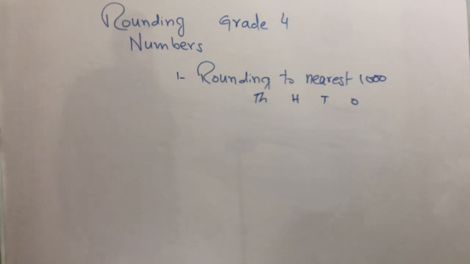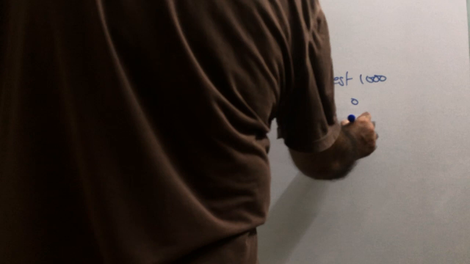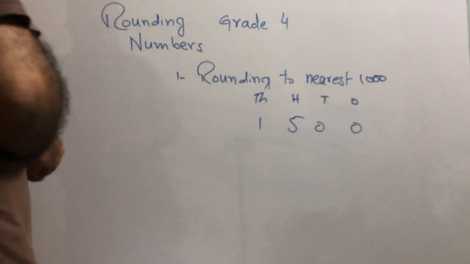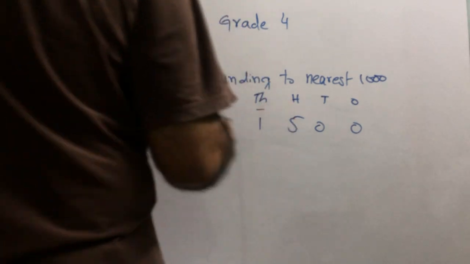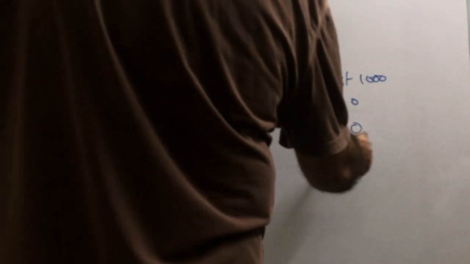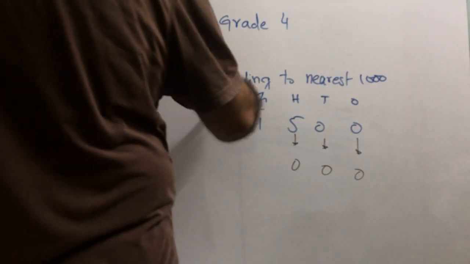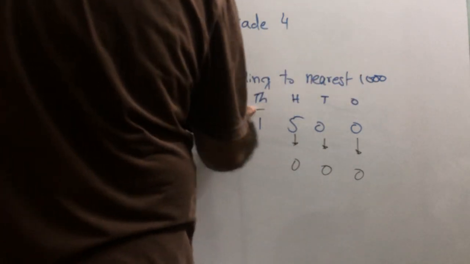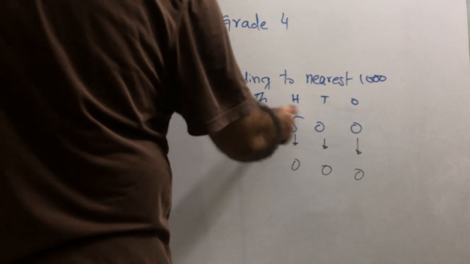Another thing is 1500 kilometer long, 1500. When we need to go for rounding to nearest 1000, this is the 1000 place. The first action is that all the digits on the right side of the 1000 place become 0. The second action is that we look at the immediate neighbor, which is 5.